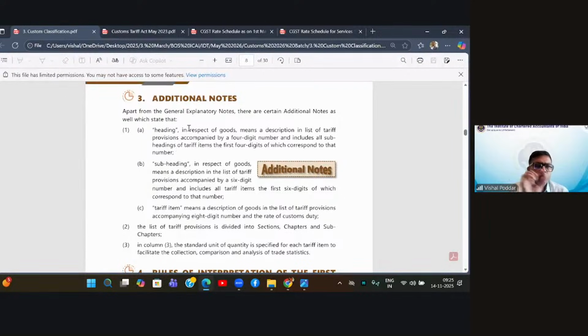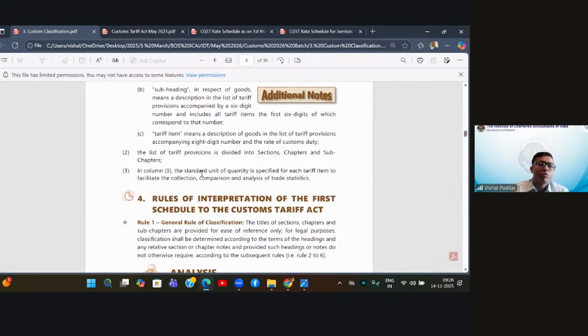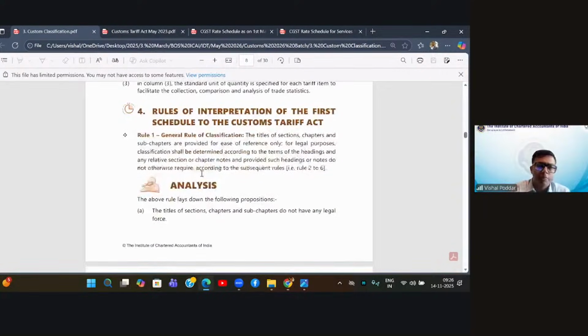You have general notes, heading notes, subheading notes. Heading notes mean where the notes are explaining about the headings, what will be covered in that heading or not. Subheading notes are the notes which talk about the subheading. So every name or terminology used has been explained in the form of notes so that it is clear to you what will be covered and what will not be covered in a particular chapter.